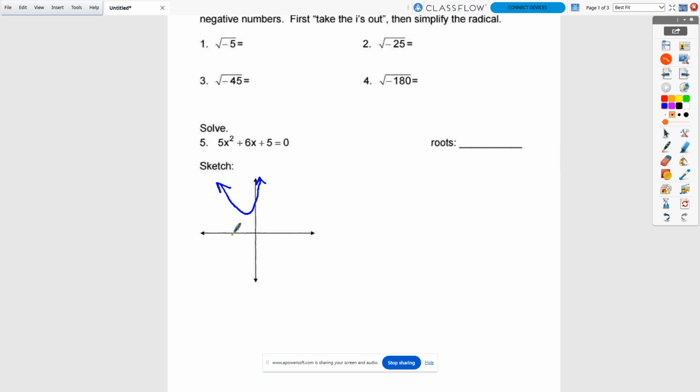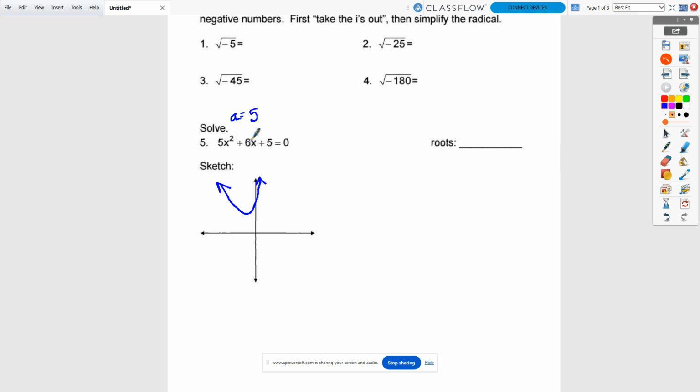So we're going into those imaginary numbers, and what I'm going to have to use is my quadratic formula. Remember that in the first space, that 5 we're going to use as a. So a is equal to 5.